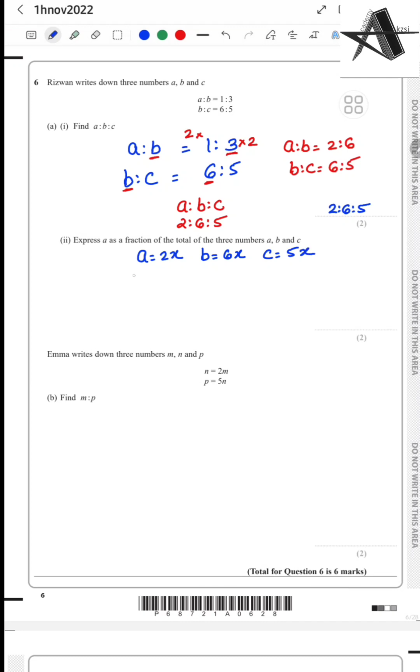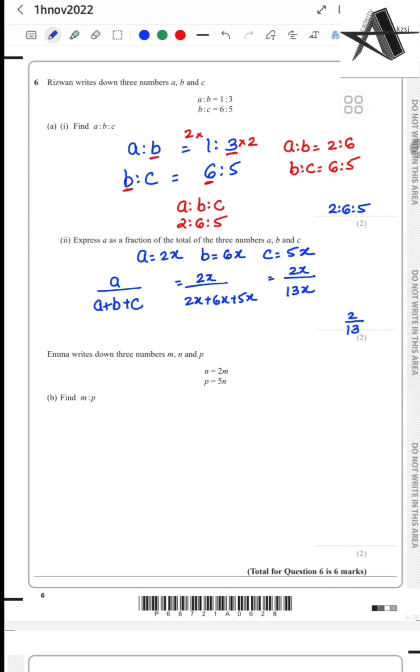It says A as a fraction of total of ABC. That means A over A plus B plus C they are asking. This is 2x over 2x plus 6x plus 5x, which is 2x over 13x. Cancel x and x, you will get the answer as 2 over 13.